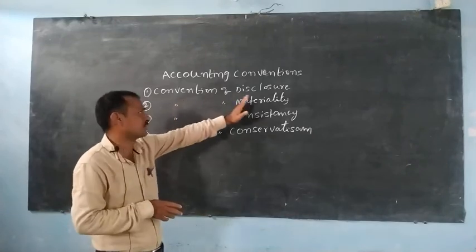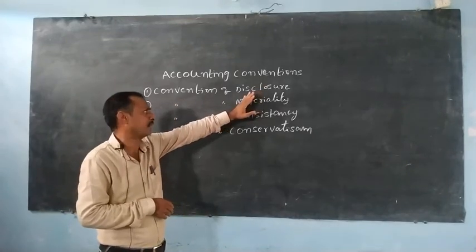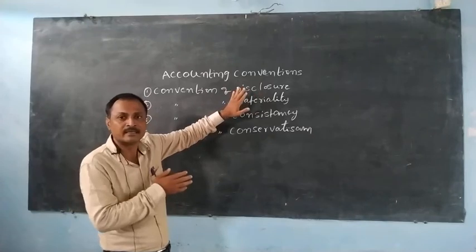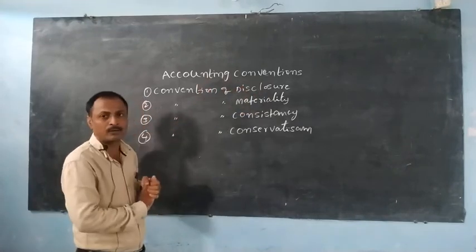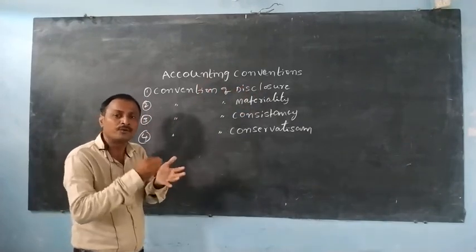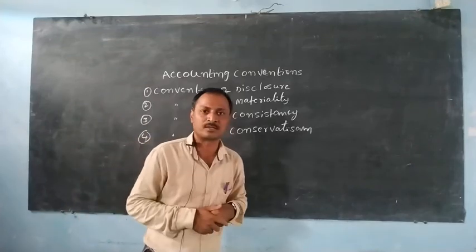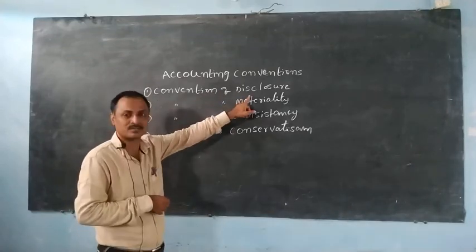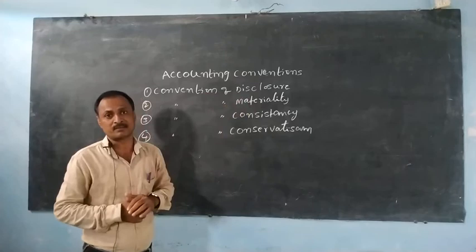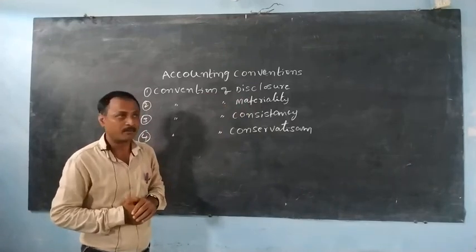This convention of disclosure is one of the accounting principles: a uniform method must be disclosed. True and fair information must be disclosed here. That is very important. Why?